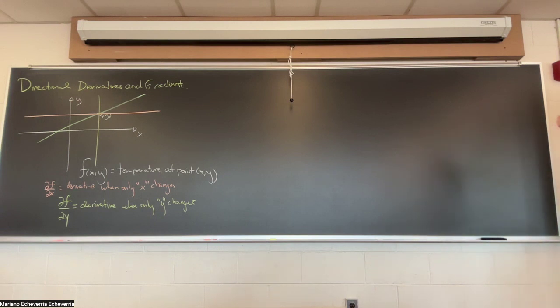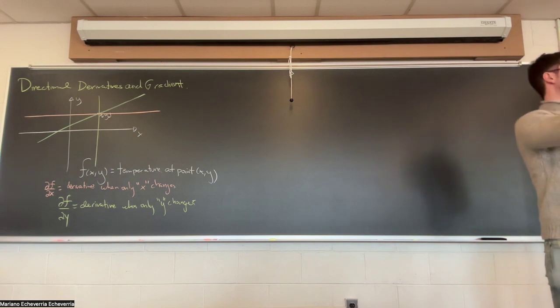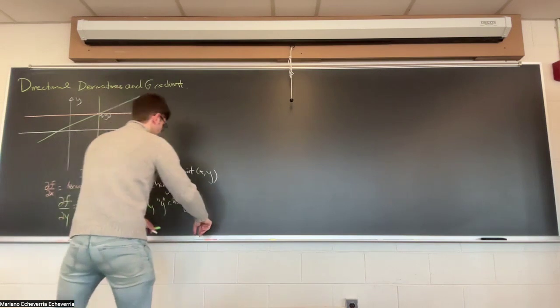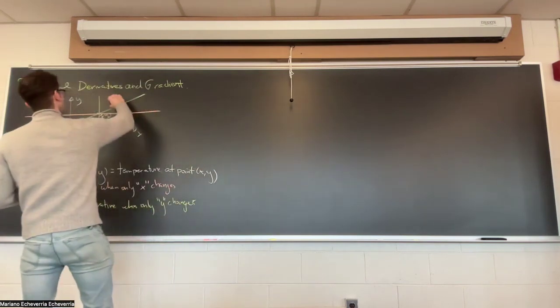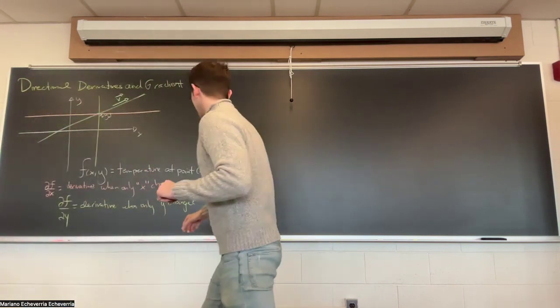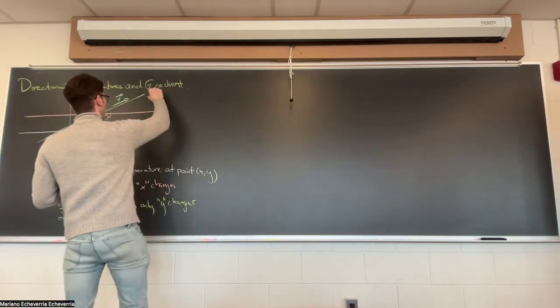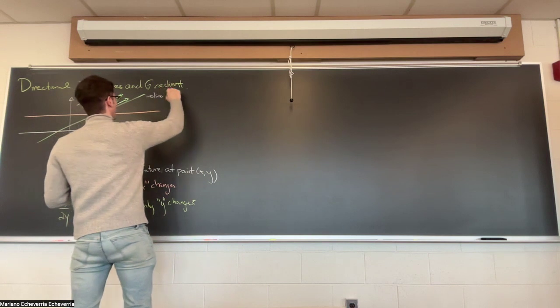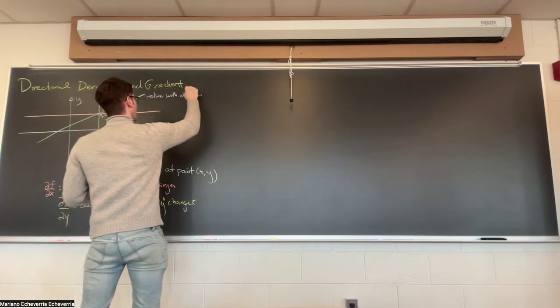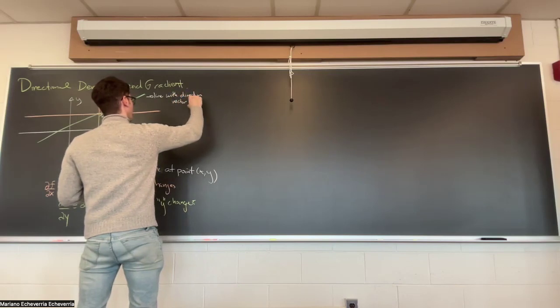If you remember, a way to describe a line is in terms of its direction vector. So let's draw a vector that will serve as its direction. This is going to be a line with direction vector v.